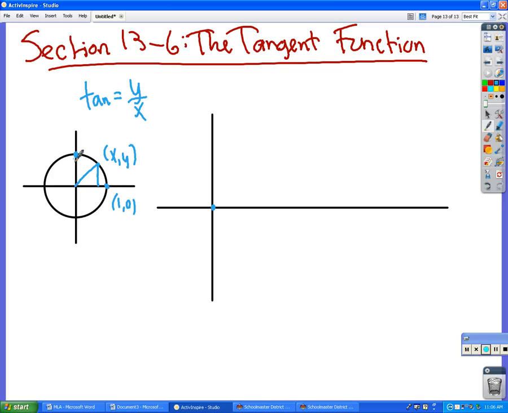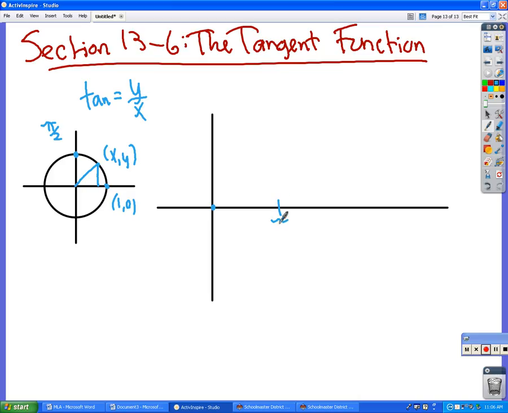What is the angle measure up here right on the top of the y-axis? How many radians? Pi over 2. Remember, this is pi over 2, this part is pi, this is 3 pi over 2, and that's 2 pi.